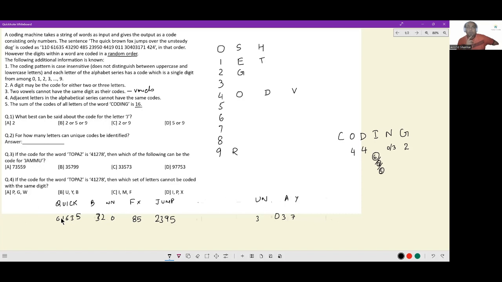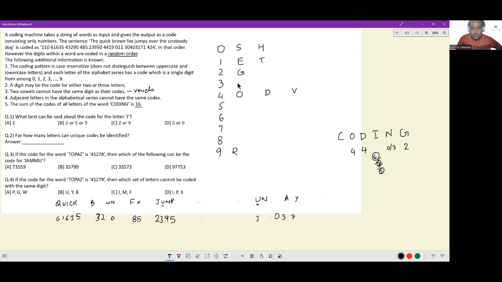Break this down. Oh, fun. I haven't really used this. Look at U. It is present in jump and it is present in unsteady. It is 3 here and 3 here. 2395, 3037.